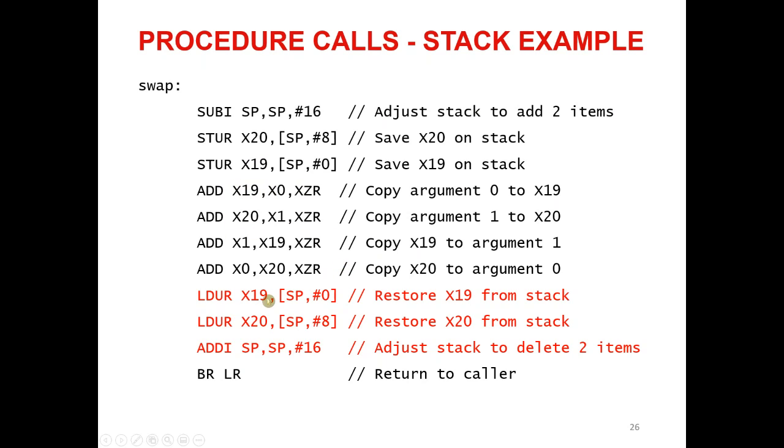I need to restore them to the value those registers had before calling the procedure. So here I have stored the values of register 19 and register 20 before starting my procedure. And whatever I do with those registers, before returning I need to restore them. Why? Because the specification of LEGv8 tells us that those registers must be preserved, so they cannot be modified.